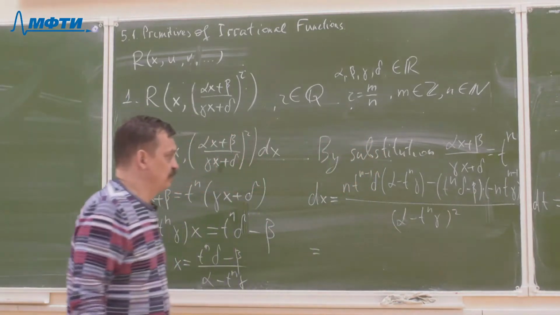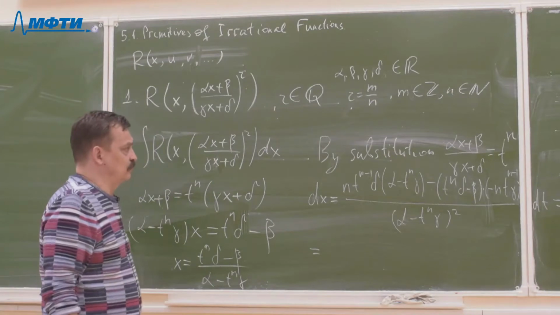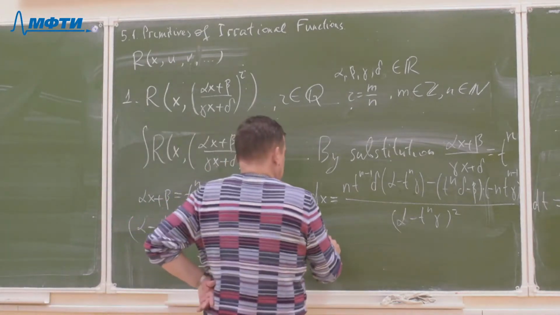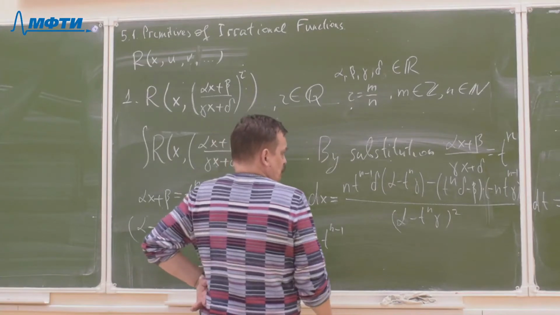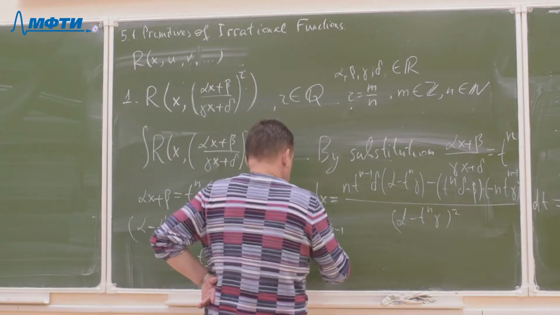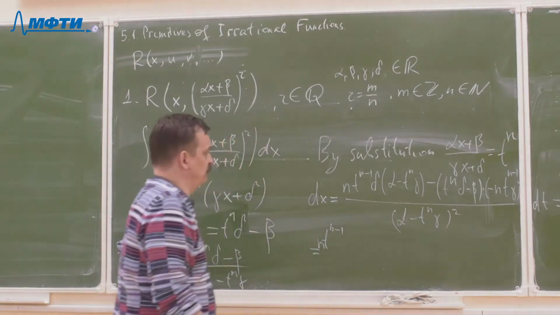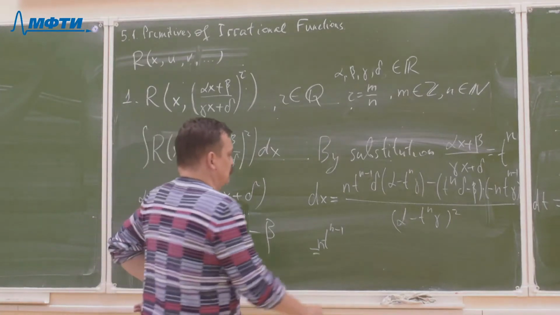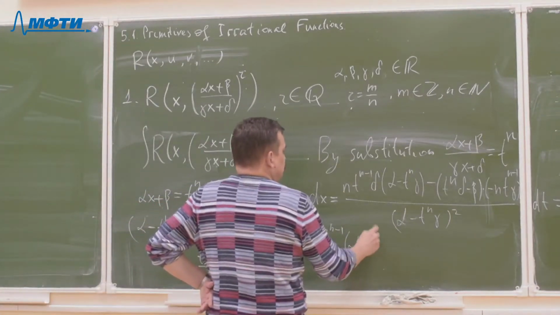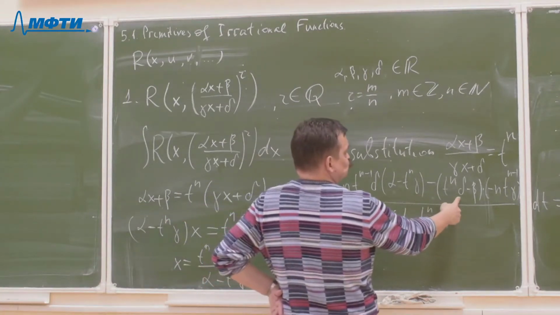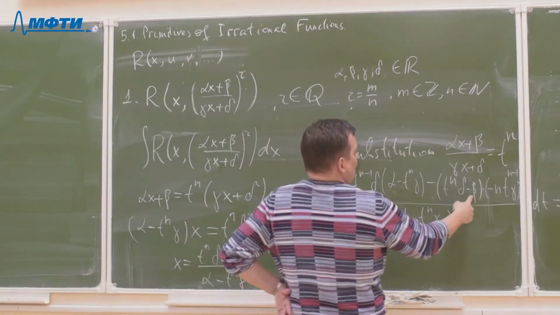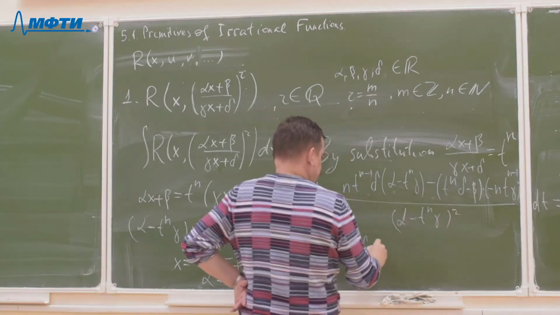So those two terms are cancelled, and what remains? n times t to the power n minus 1 times (alpha delta minus beta gamma).